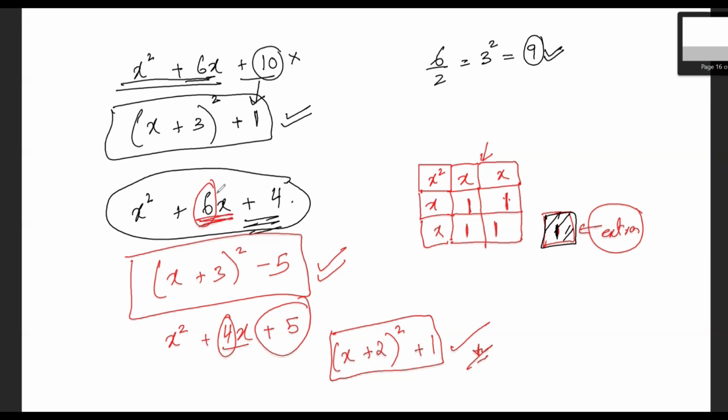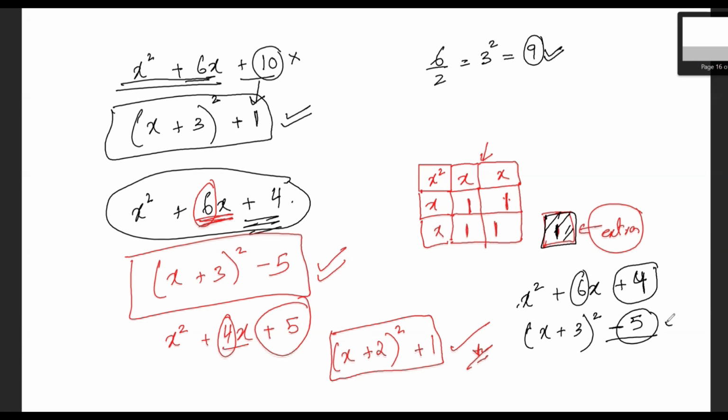Yes, because for example, in this case, x square plus 6x plus 4. We divide this by 2, it's 3, right? 3 square is 9. So how many ones do we require? We require 5 more ones, right? Because 4 is already there. We are short of 5 ones, right? So x plus 3 square minus 5, because these 5 ones are short.